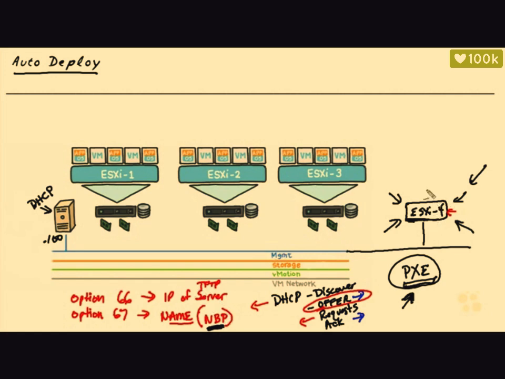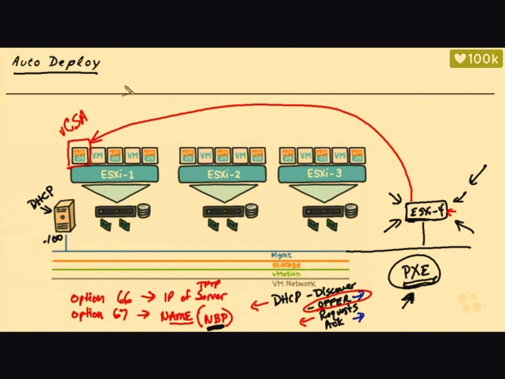and part of the instructions are to go out and initiate an HTTPS-based boot request over to the auto deploy server. Our auto deploy server is going to be our vCenter server appliance that has been enabled for auto deploy. So as that ESXi host makes that boot request to the vCenter server appliance, the auto deploy feature has to make some decisions.